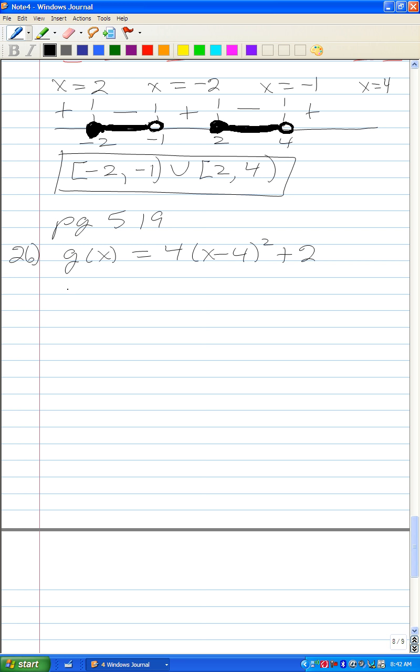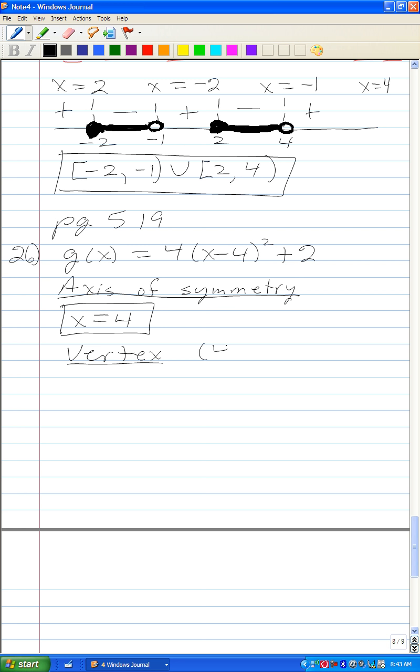So first, let's determine the axis of symmetry. Axis of symmetry is found by setting what's inside the square equal to 0. So the axis of symmetry is just x equals 4. The vertex has an x-coordinate the same as the axis of symmetry.